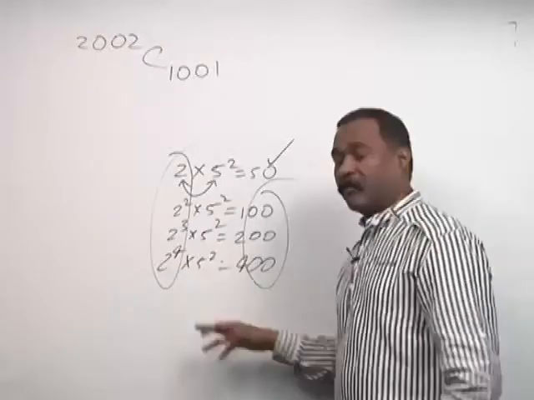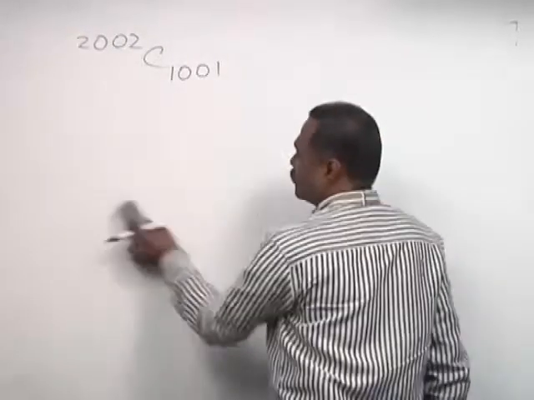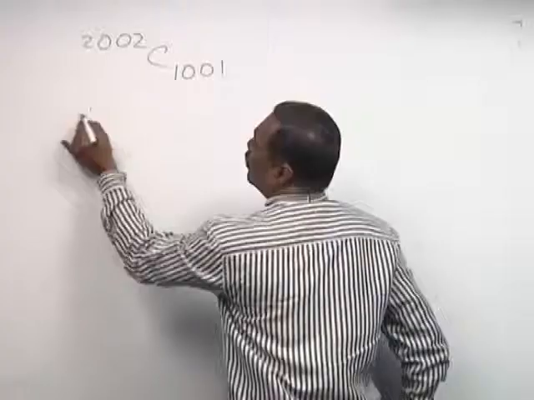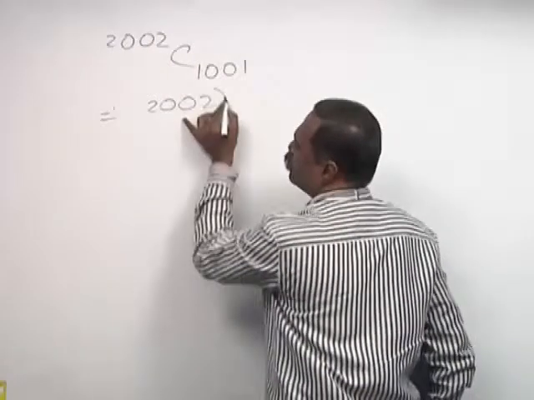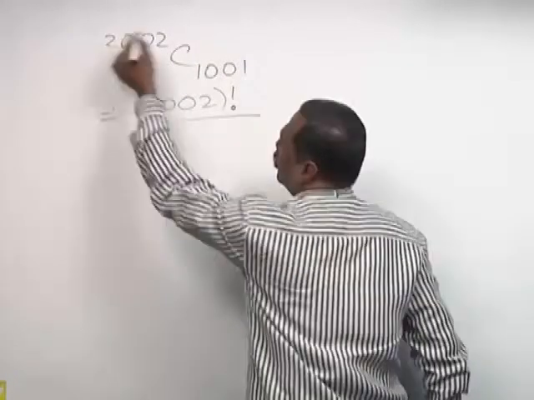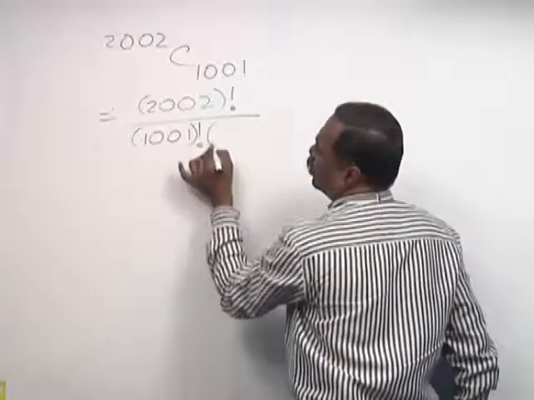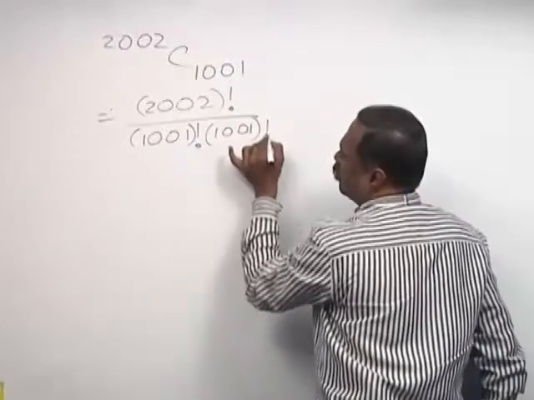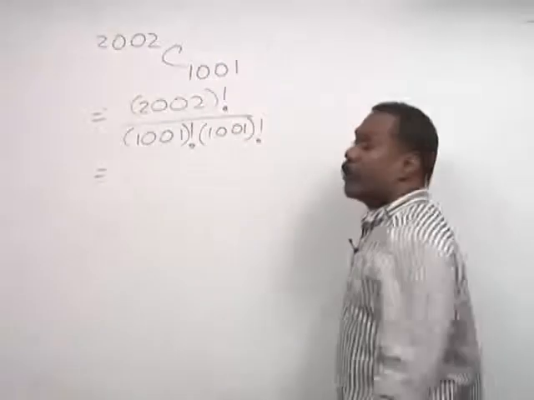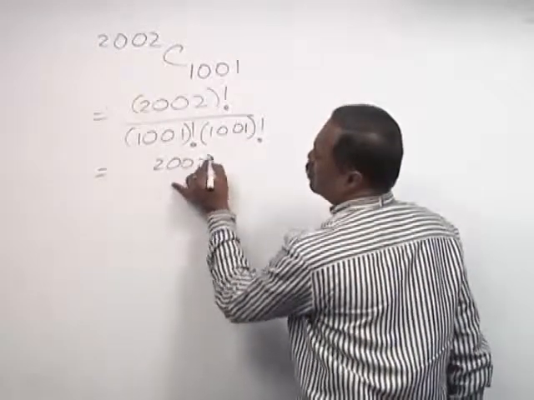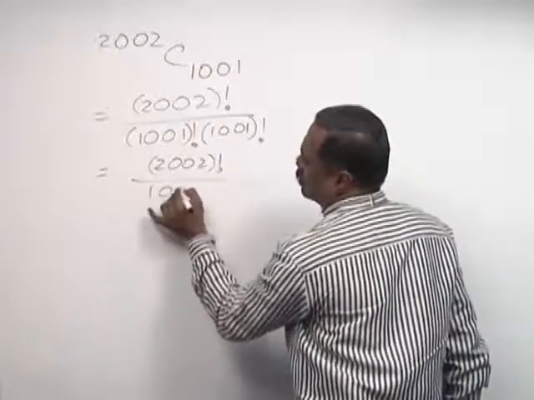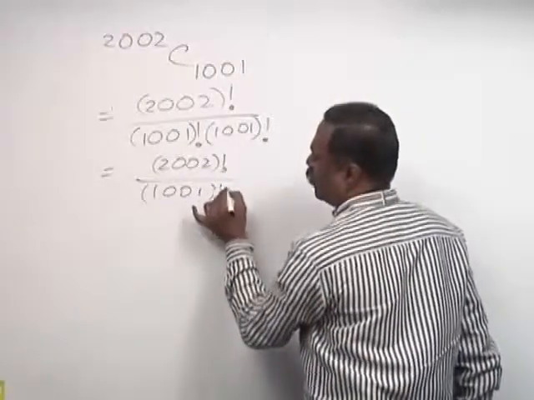So now in this case, it is nothing but 2002 factorial upon the difference, 1001 factorial into 1001 factorial, which is nothing but 2002 factorial upon 1001 factorial whole square.